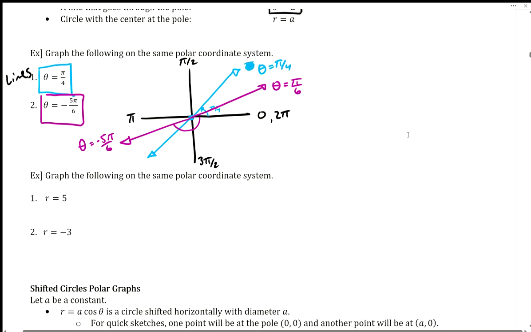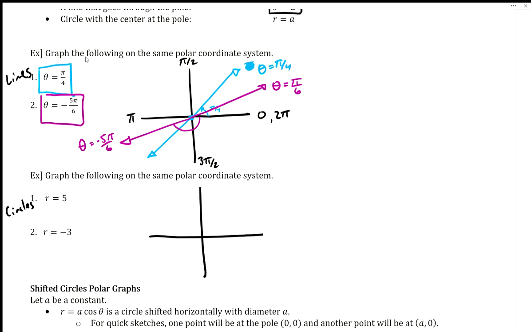Now when we have r equals a number, so r equals a constant, these are going to be circles. So we'll have our same deal. Here's 0, pi halves, pi, 3 pi halves, and then all the way back around to 2 pi. All these are saying is you should find where the r is equal to 5. You can count in any direction.